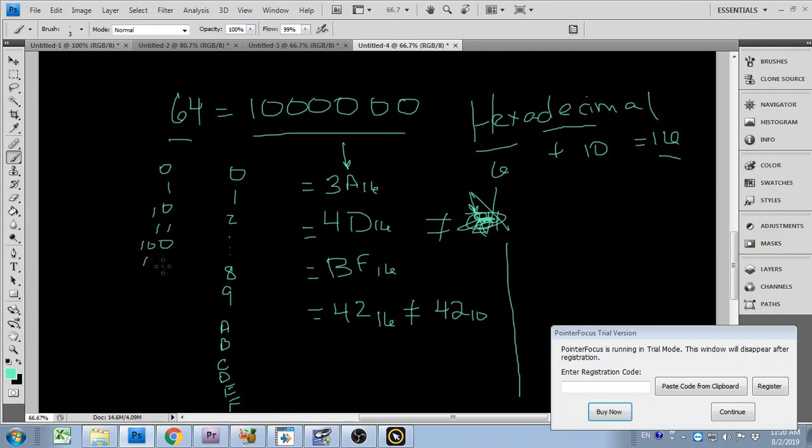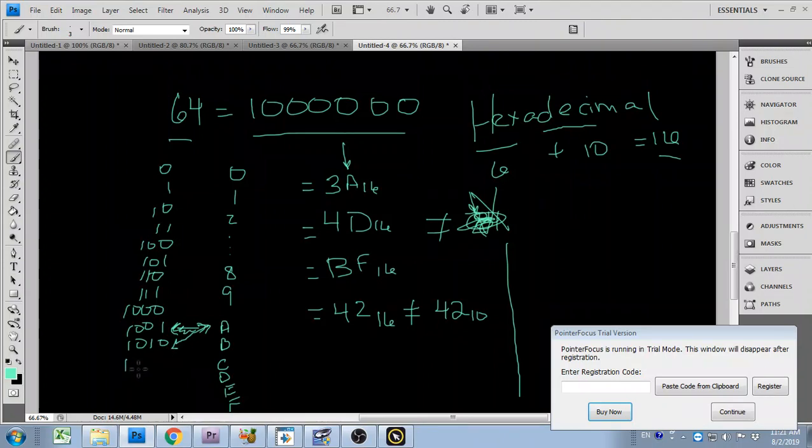Now we have 4, 5, 6, 7, 8, 9, 10. But notice I went straight through 9 because we now have a symbol. A should be equal to 10 right here. So where we don't have a symbol, they do have a symbol.